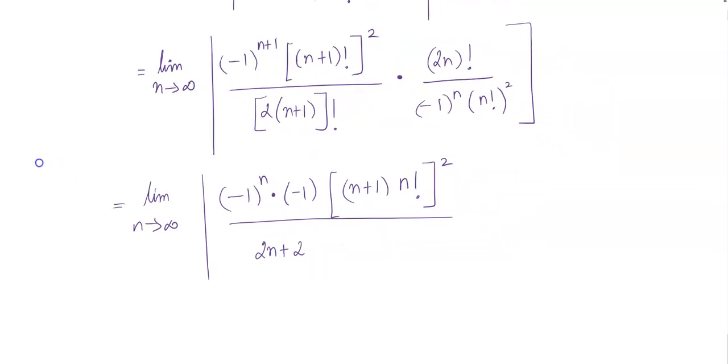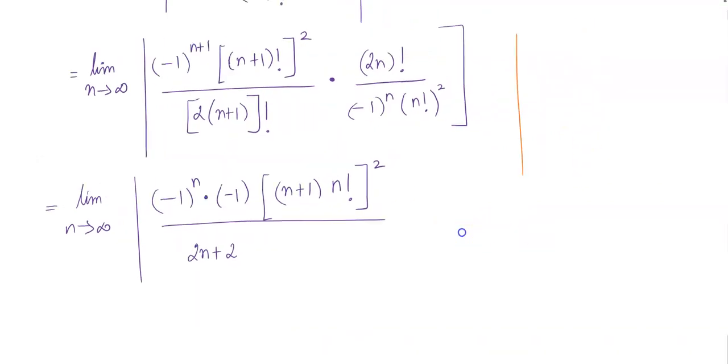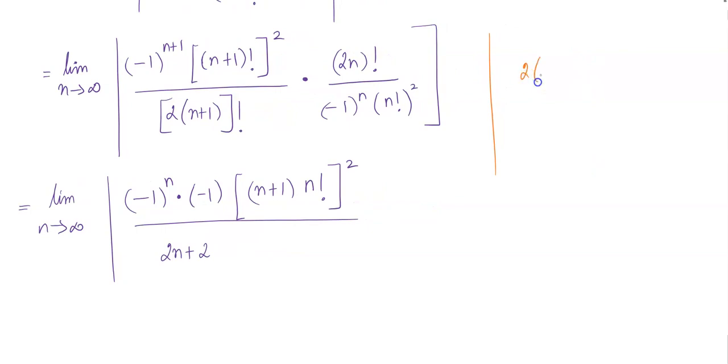Okay, for this one, I want to do a quick story by the side here. Remember that this is 2 times n plus 1, whole thing factorial, right? So distribute the 2 to n plus 1, 2n plus 2 factorial, right?